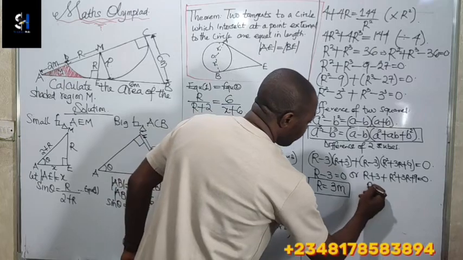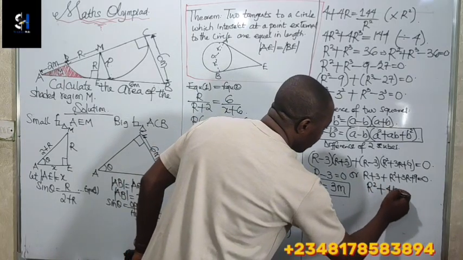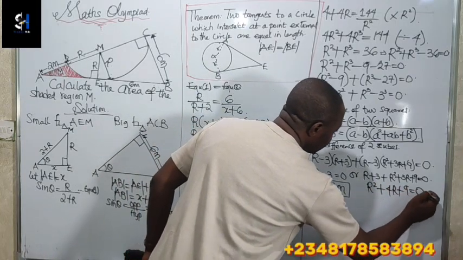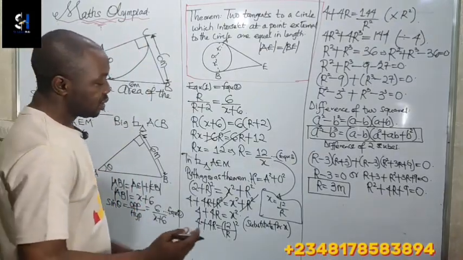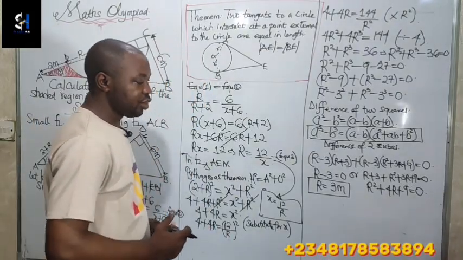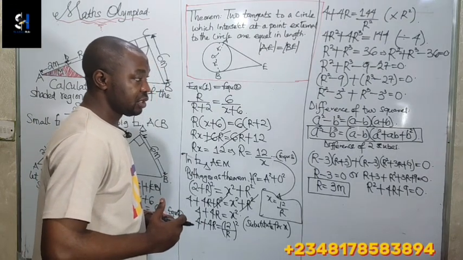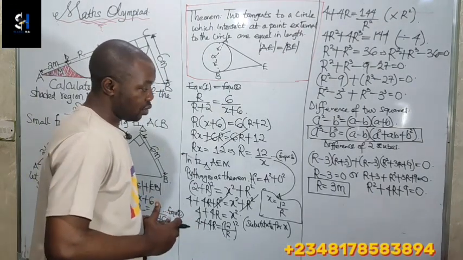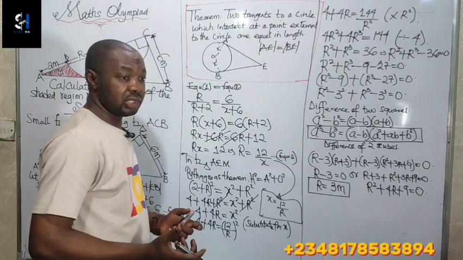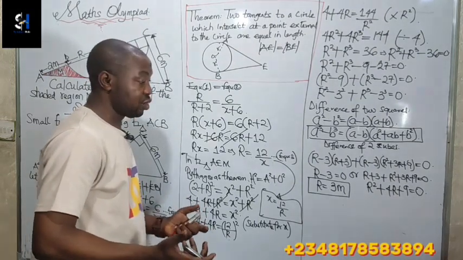Now here we're going to have r squared plus 4r plus 9 equals 0. And in this case, are we going to get a real root or a complex root? The answer is that we're going to get a complex root.